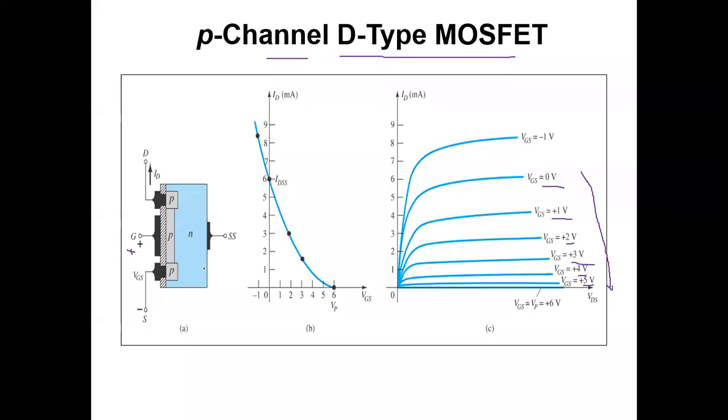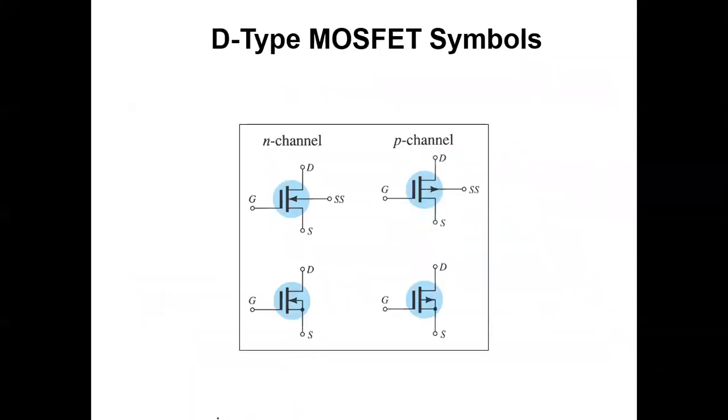So when you put a positive potential in the case of a P channel depletion type MOSFET, your current starts decreasing, and at a particular voltage your entire channel will be depleted and the device is off. That's all as far as the MOSFET is concerned.